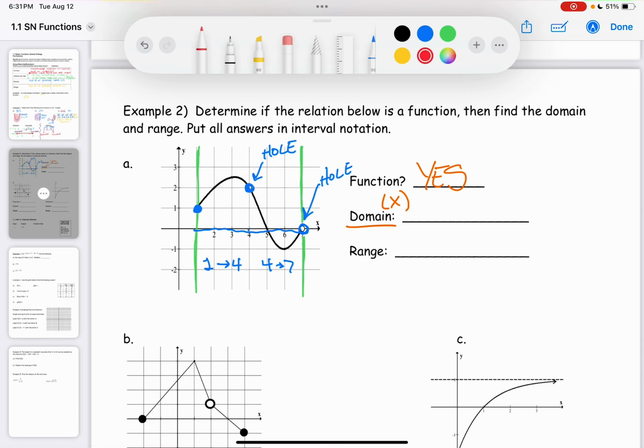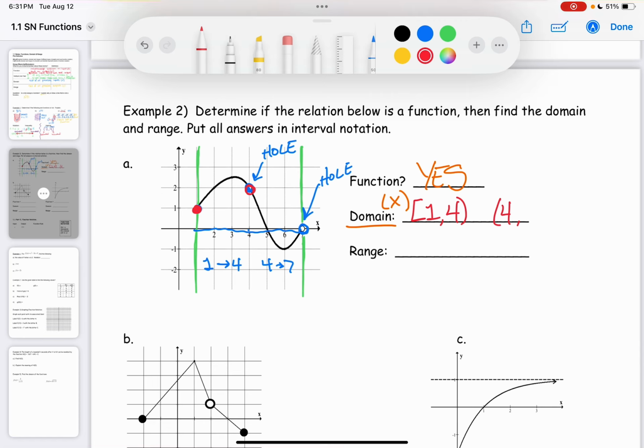So the first thing I'm going to start with is 1. It's a closed dot, so I'm going to put a bracket. And it goes all the way to 4, where there is an open dot, so I'm going to put a parenthesis. And then I go from 4 again with that open dot.